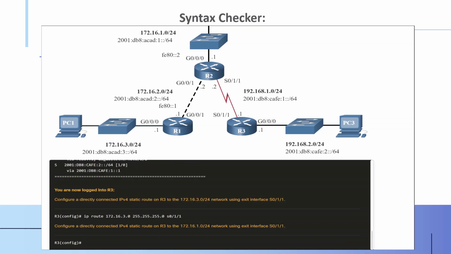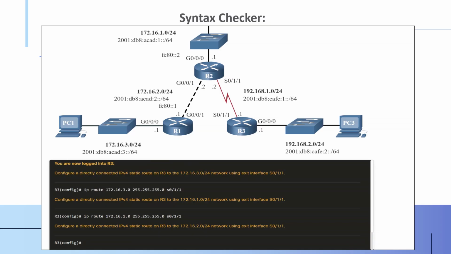Now we are in router 3 where we'll go through the same steps. First, we will configure a directly connected static route on router 3 to reach the LAN network that is connected in router 1 at the interface giga00 by using the exit interface.